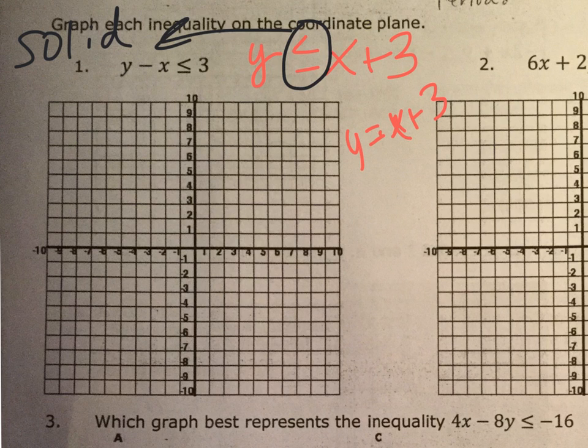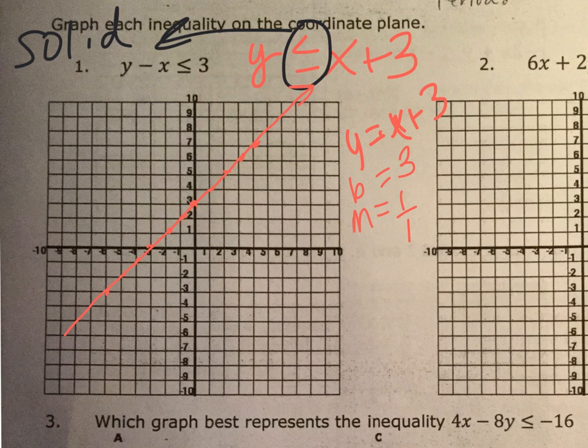Okay, 0, 3, 1, 2, 3. And then my slope is 1. So again, I still have to do this. B is 3, slope is 1 over 1. So I'm just going to dot in my slope, the parent function, translated up 3 units, and draw my line.